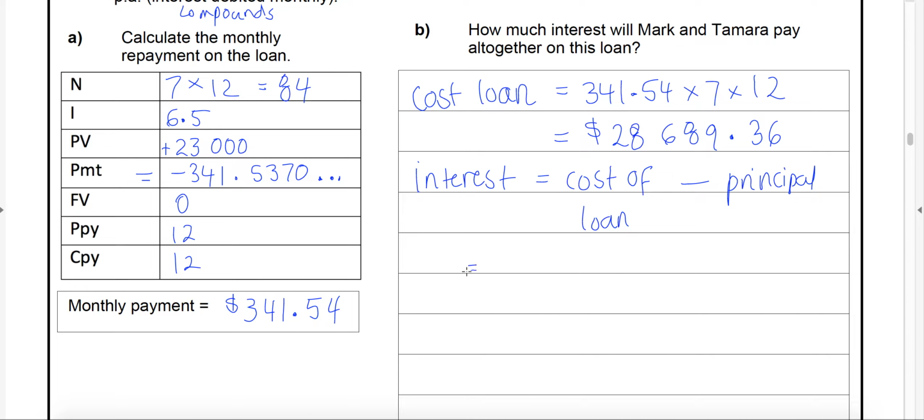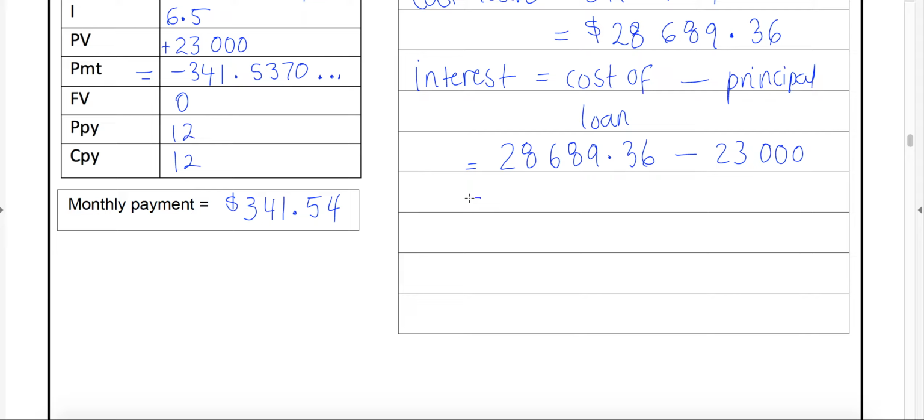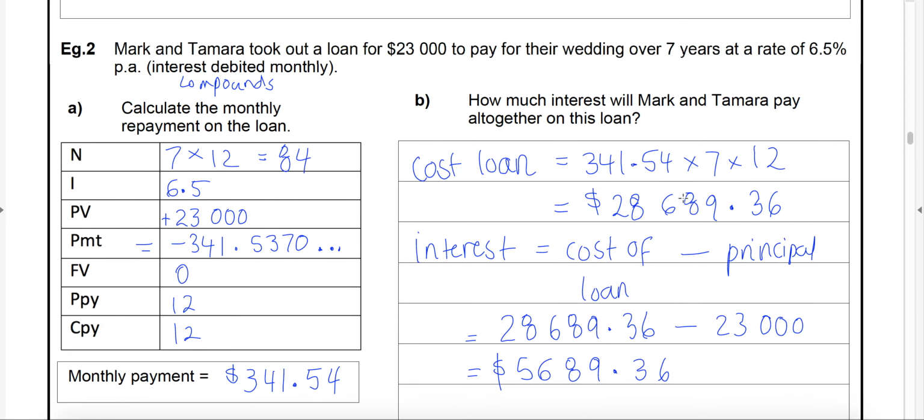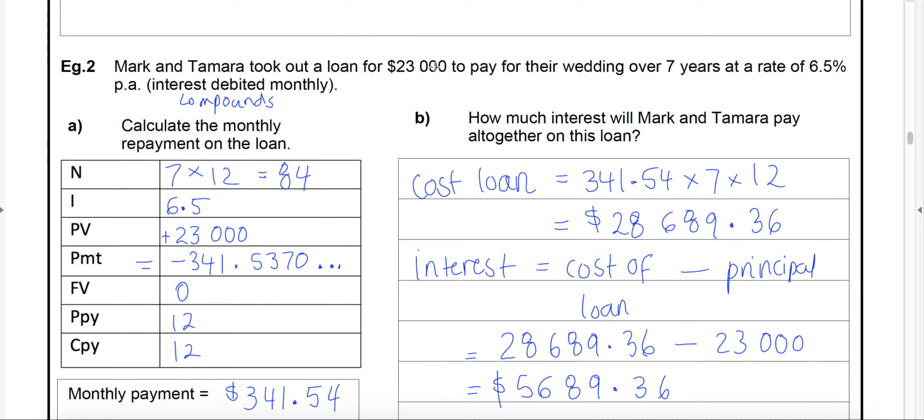Now we know 28,689.36 is what they have spent altogether on that loan. They only borrowed 23,000. So as a result, we get 5,689.36. So you can see that their wedding has cost them an extra $5,689.36 because they weren't able to pay for it fully.